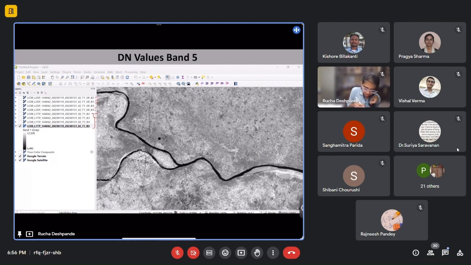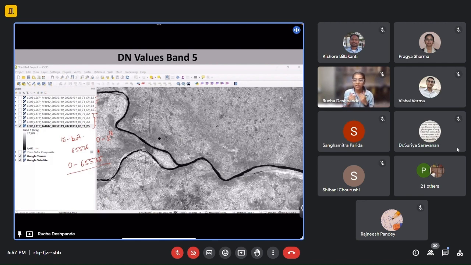This is a 16-bit image, and the values range from 0 to 2 to the power 16, which is 65536 total values. So it ranges from 0 to 65535. And in our scene, we have values which are varying in this range itself.